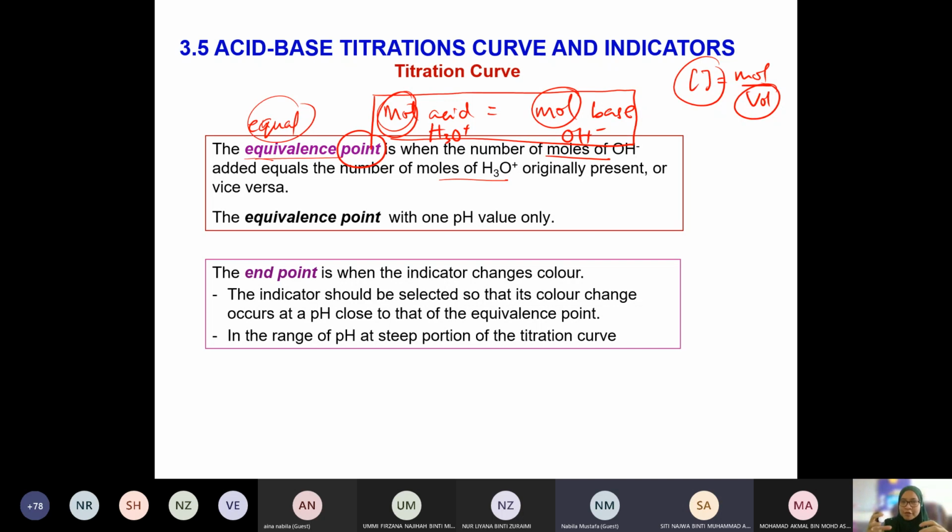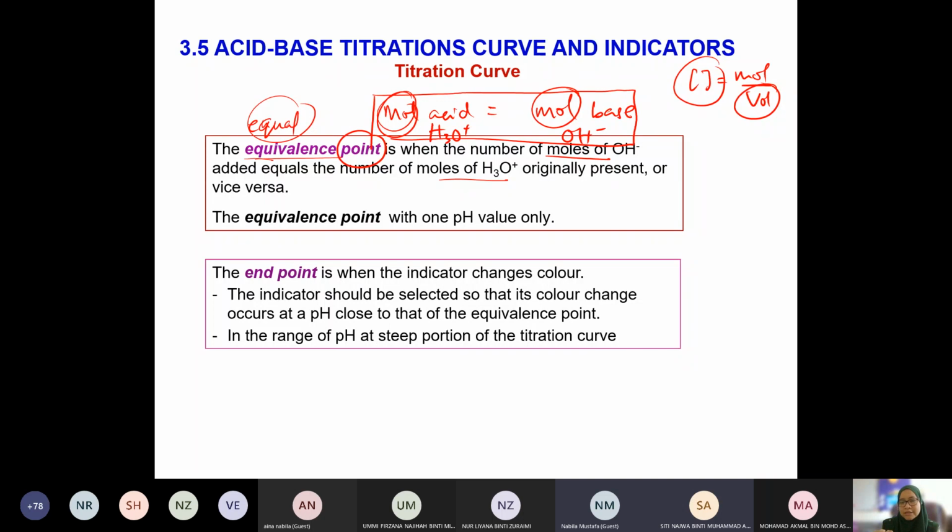So base keep on neutralizing the acid. Kita ada acid in the conical flask, base in the burette. So when base is keep added into the acid, so the acid will neutralize the added base.